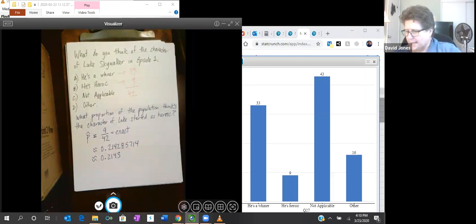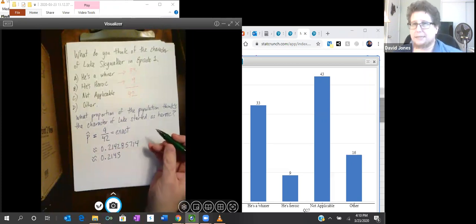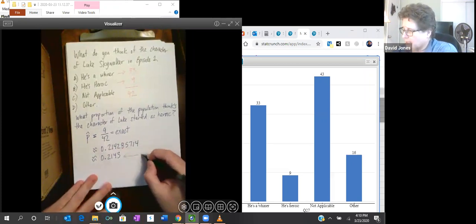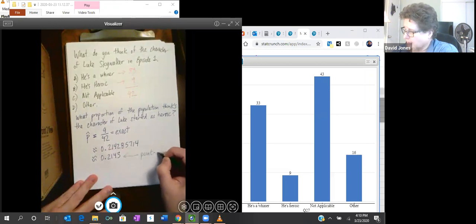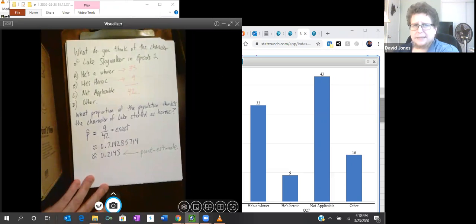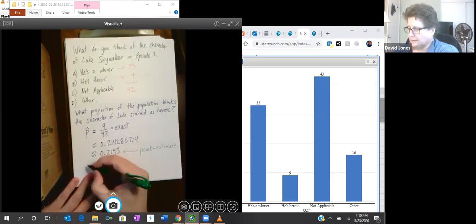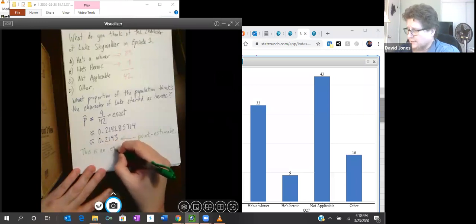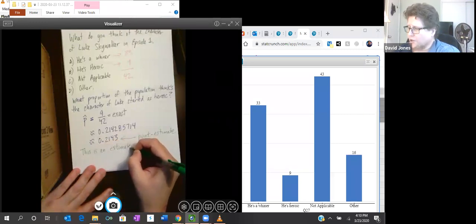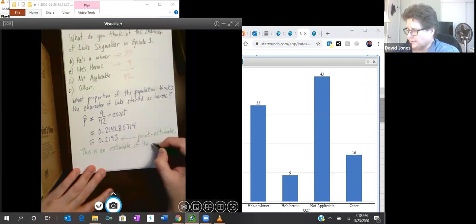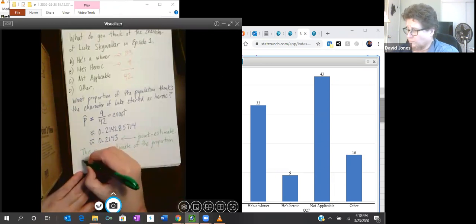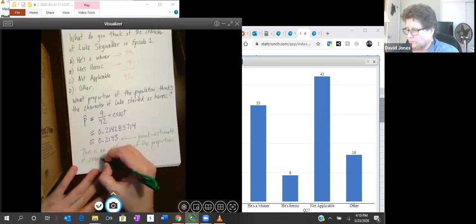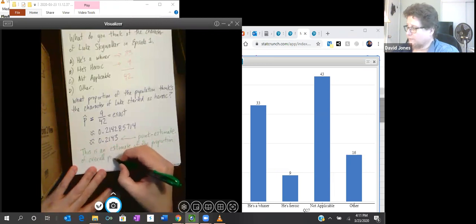Here, p hat is called a point estimate. We call it that because it's an estimate of the proportion of the overall population that thinks Luke is heroic.